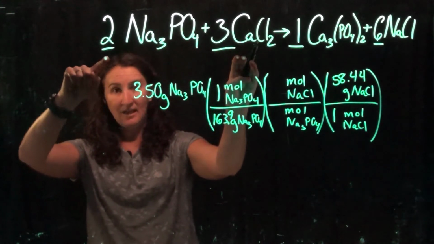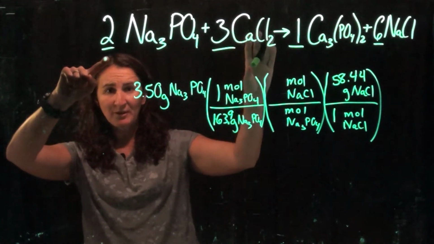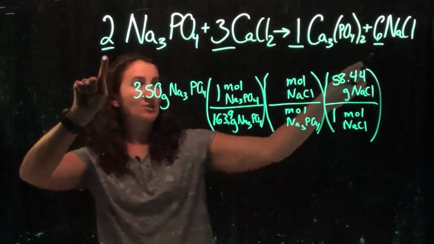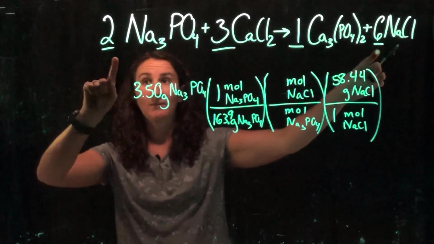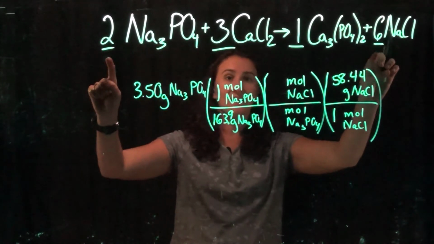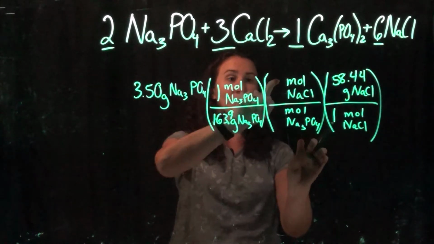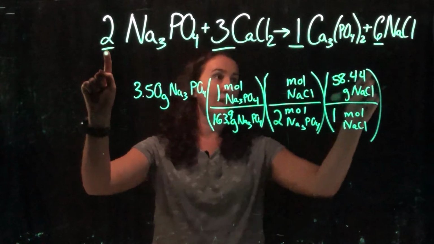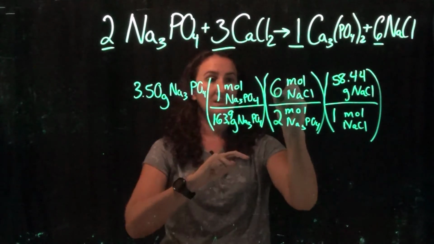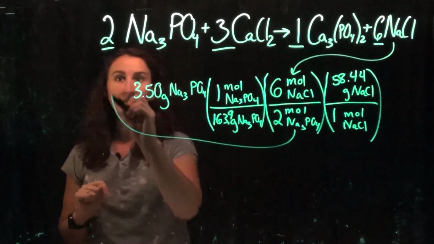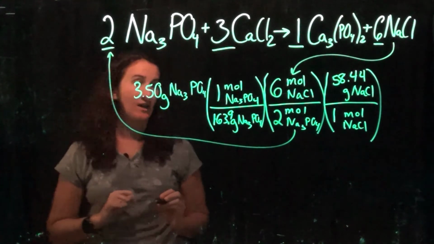If this is in excess, and we have plenty of it to react with, then that means our chlorines and our sodiums combined in a ratio that'll make it so 2 of the original reactants yield 6 of our products. So this is our molar ratio, and that's what goes in here. So our 2 goes next to our sodium phosphate, and our 6 comes here to our sodium chloride. All right, and this is our new conversion factor.